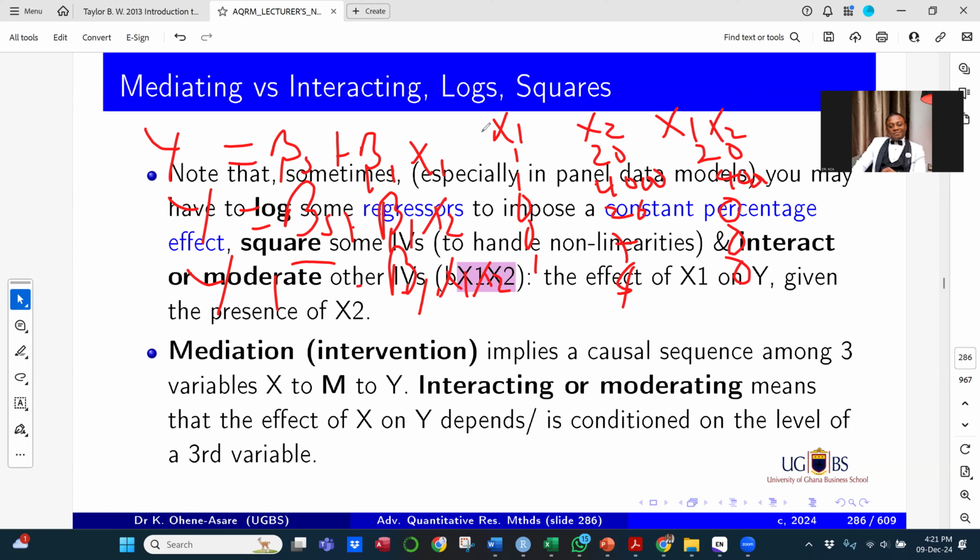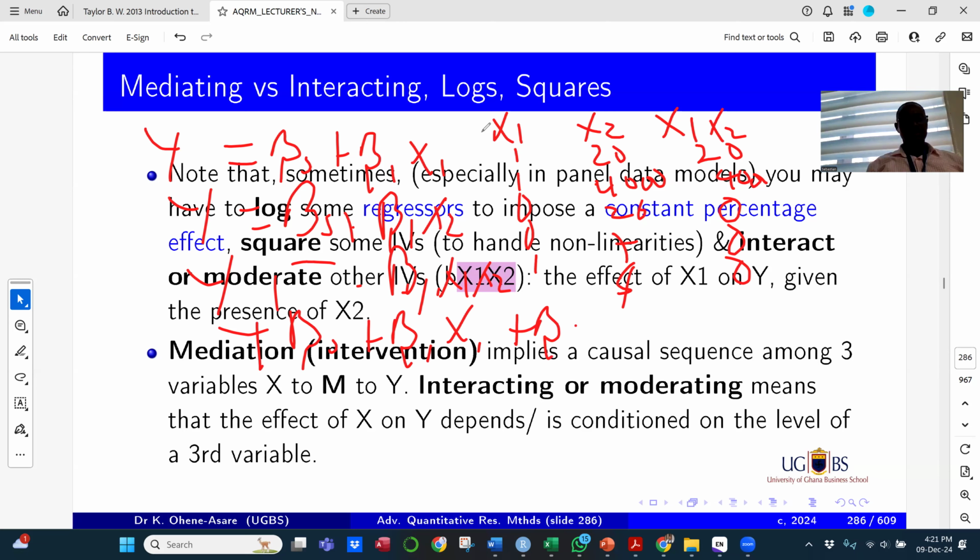And then you can have y equals beta naught, plus beta 1, x1, plus beta 2, x2, plus beta 3, x1, x2.